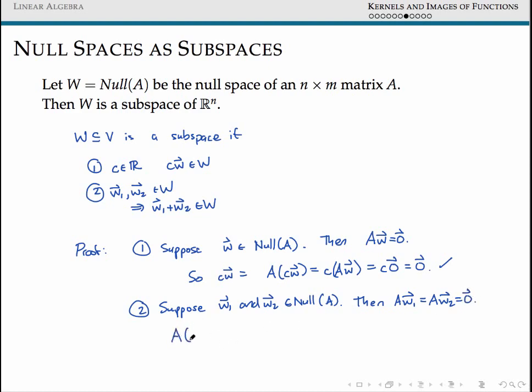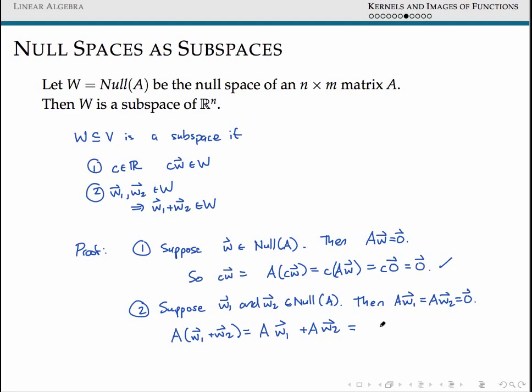So if we look at A times W1 plus W2, that's the same as AW1 plus AW2, since matrix multiplication distributes over vector addition.